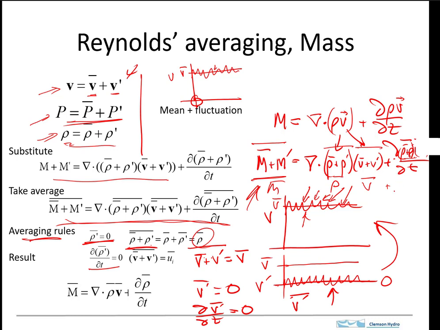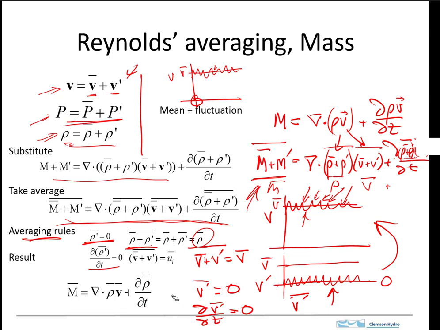So what we get out of this averaging process is an equation that is pretty much the same equation that we started with. Actually, I'm sorry, there is no velocity in this one. That'll be coming next. So this is just the average of the time rate of change of the density.